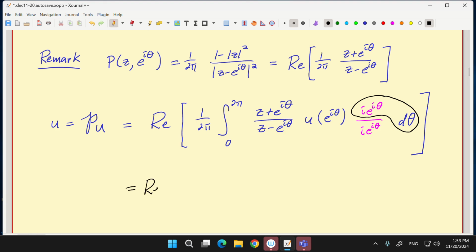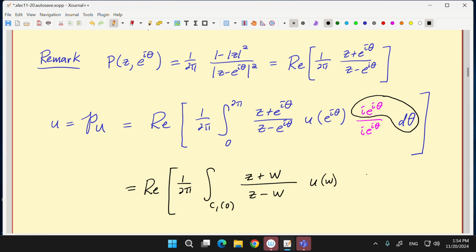It would be the real part of 1 over 2 pi, integral around c1 of 0. I've got to leave this as z, so I'm going to make the e to the i theta be a w: w over z minus w, u of w, dw.